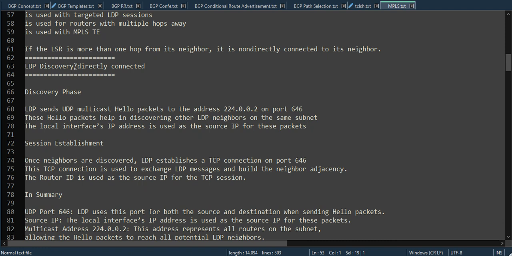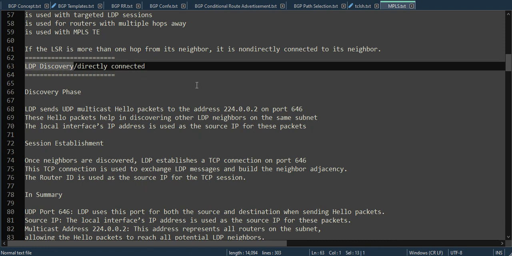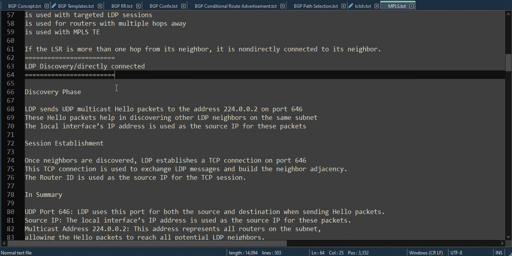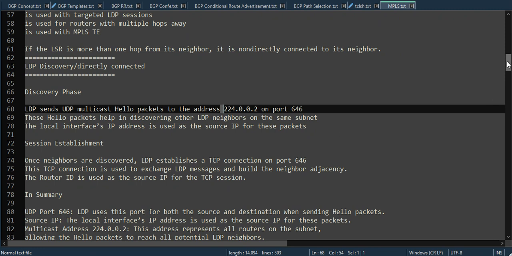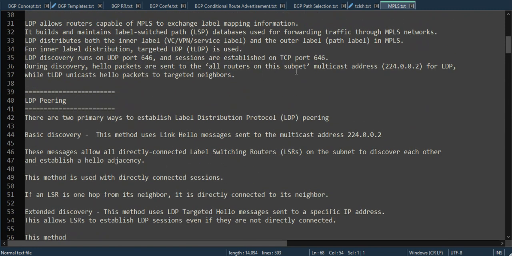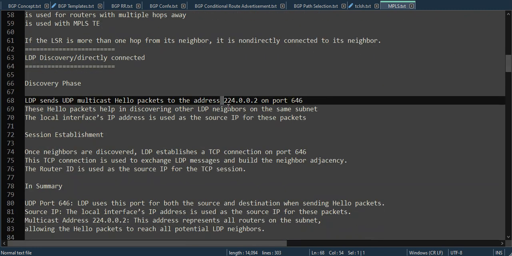Okay, LDP discovery phase. In LDP discovery, LDP sends UDP multicast hello packets to the address of all routers on the subnet, 224.0.0.2, on port 646.